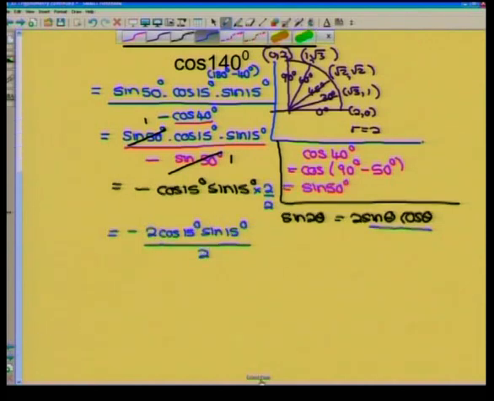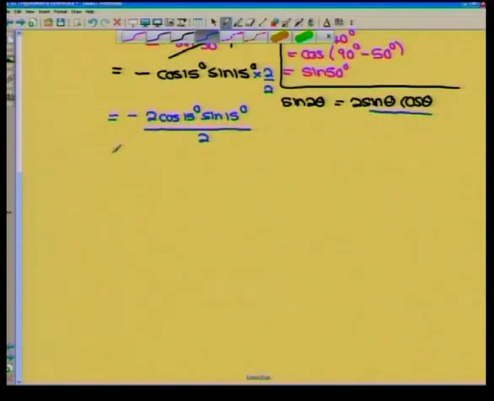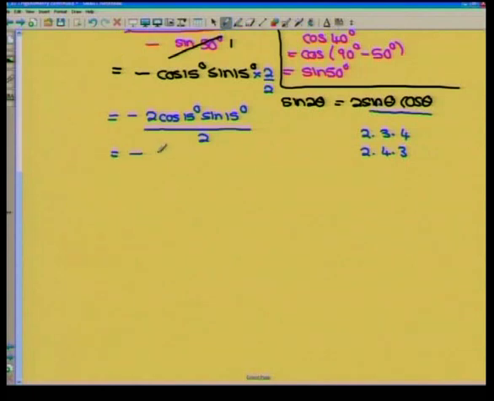Now that is very good news, because now I have this formula. It doesn't matter if these are written the other way around, because remember, if I say 2 times 3 times 4, it's the same as saying 2 times 4 times 3. So this now would become minus, because the minus has got nothing to do with this formula. And this would change to sine 2 times 15 degrees. And yes, we still have the 2 at the bottom there, but that's no problem. 2 is just a number.